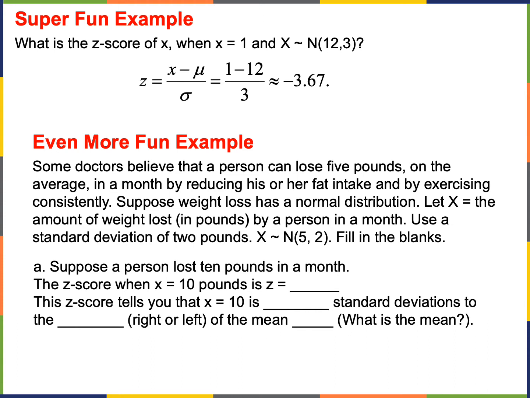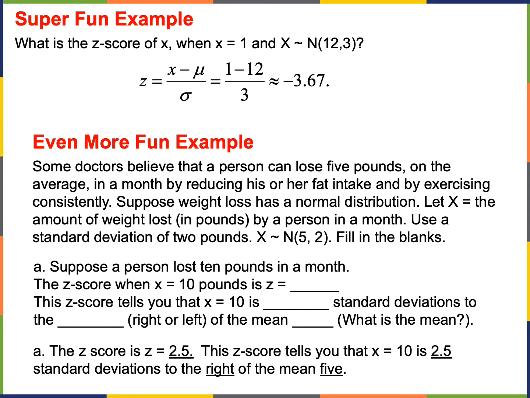That's all you need to know. You plug that in and you get z. The z-score will be 2.5 because 10 minus 5 is 5, and 5 divided by 2 is 2.5. Since it's positive, that means that x equals 10 is 2.5 standard deviations to the right of the mean 5.